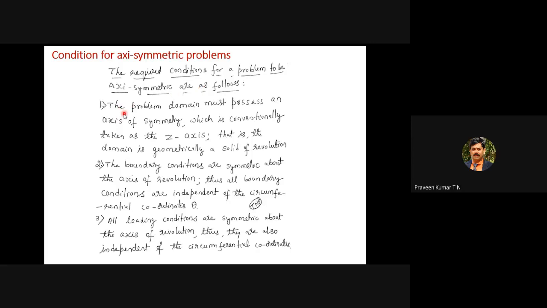The first one is that the problem domain must possess an axis of symmetry. The geometry should possess the axis of symmetry, which is conventionally taken as the z-axis. If you consider a cylinder, the cylinder is symmetric about the z-axis or longitudinal axis. That is, the domain is geometrically a solid of revolution.